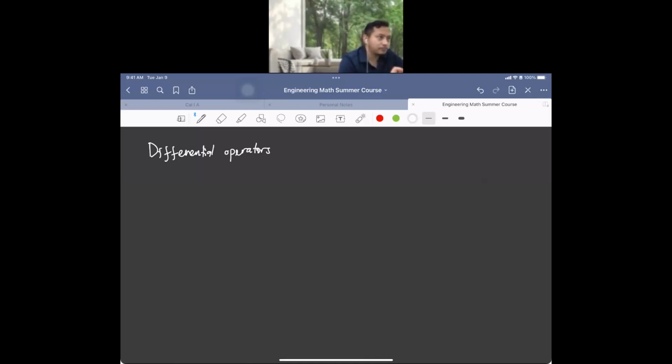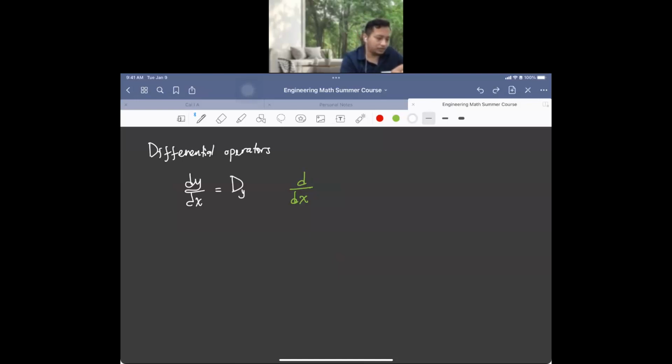If we have dy/dx, we call this a derivative, right? We can also call this with the differential operator that we call D. And sometimes this means d/dx and then D, like that.